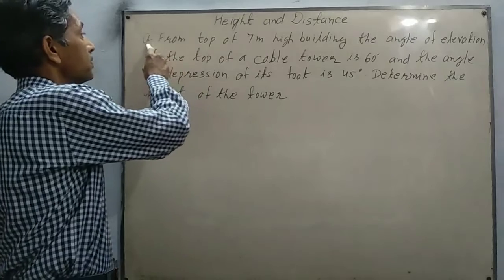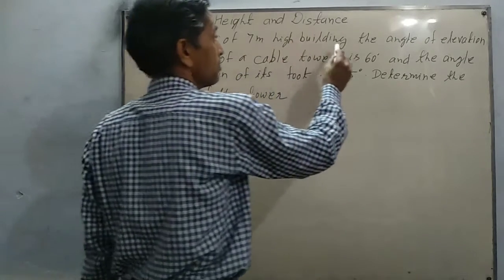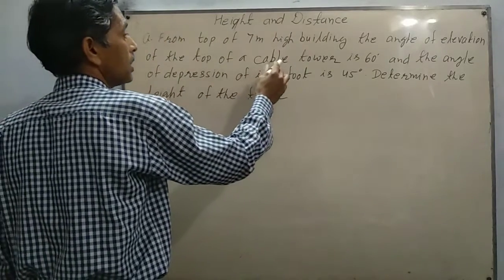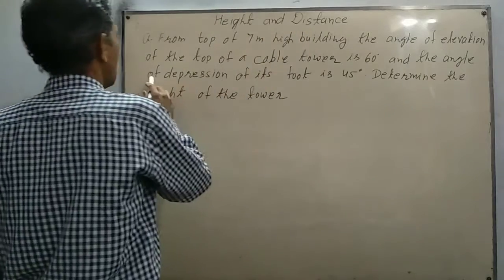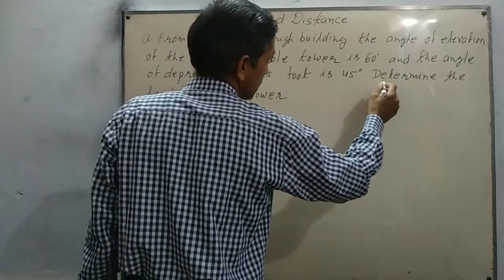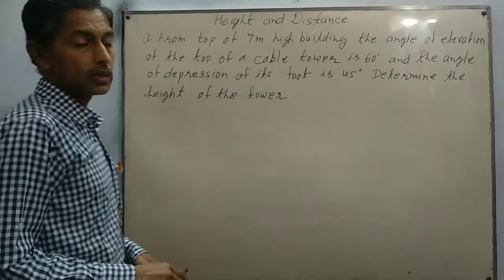अगला क्वेश्चन है, from top of 7 meter height building the angle of the elevation of the top of the cable tower is 60 degree and the angle of the depression of its foot is 45 degree. That means the height of the tower.